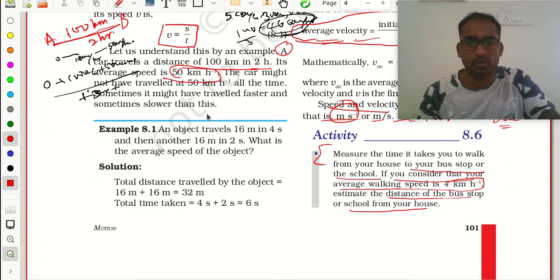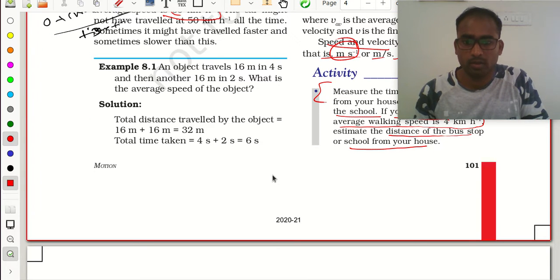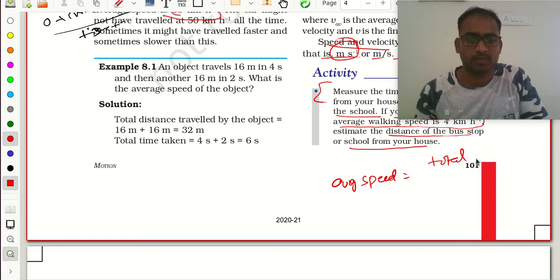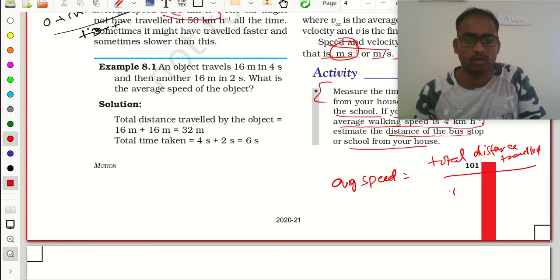Average speed is equal to total distance traveled upon total time.